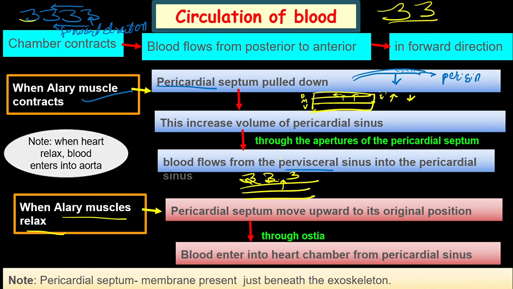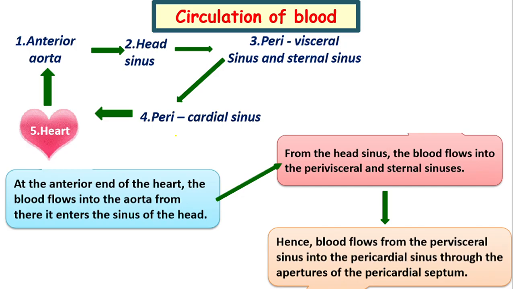When the alary muscle contracts, blood enters into the perivisceral sinus. When the alary muscle relaxes, from the perivisceral sinus blood is going to enter inside the heart chamber, through the ostia. Now note, when the heart is relaxed, blood enters into the aorta.